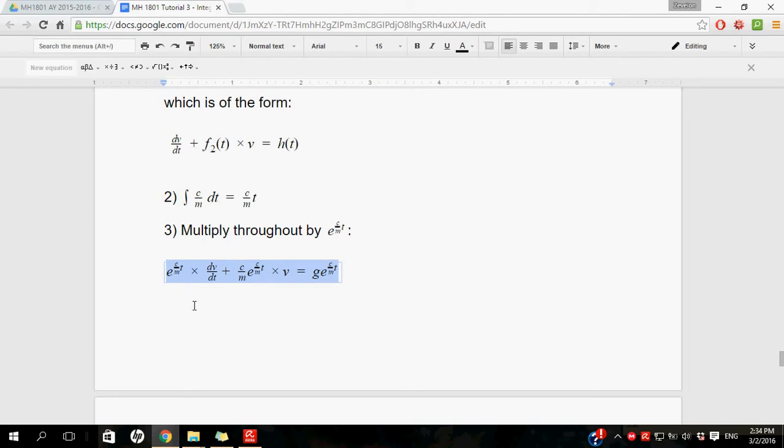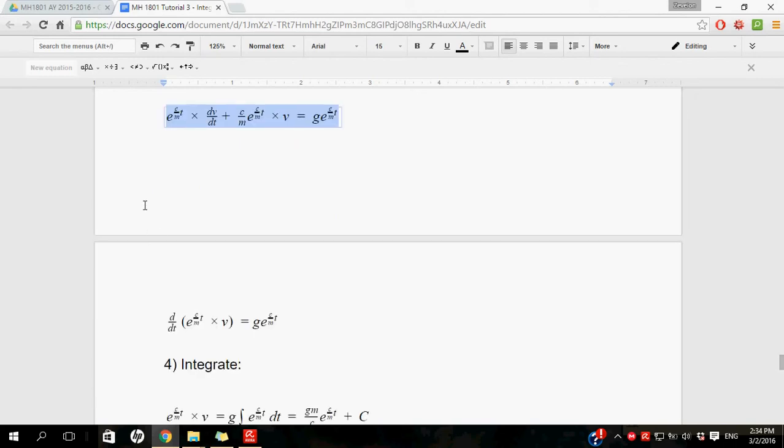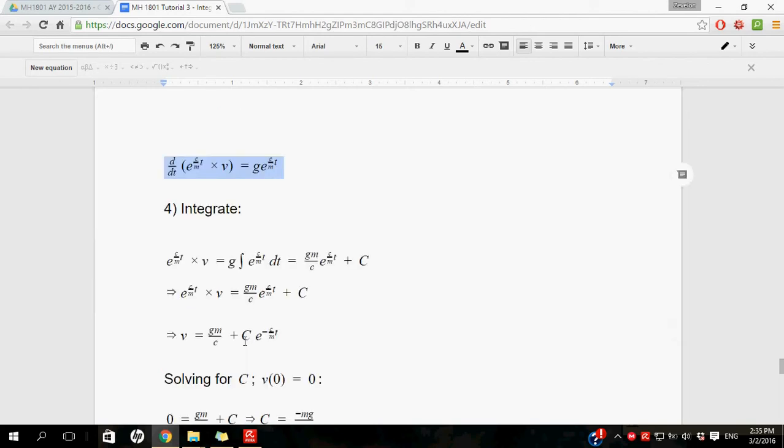After we have done this, the left hand side becomes a single derivative, d/dt of the exponential function times v, equals g times the exponential function. g, as we said, is a constant. The next step, of course, is to integrate.